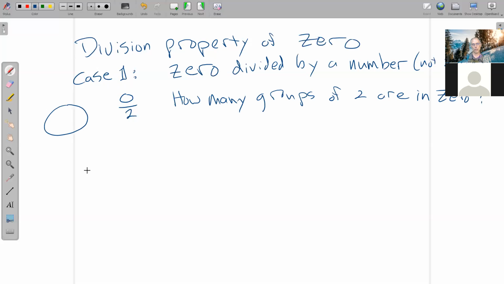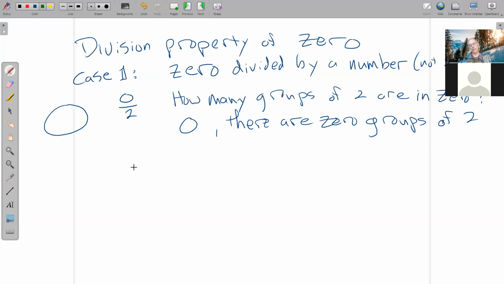Okay, so here's a group with nothing in it. How many groups of 2 are in there? There are no groups of 2. There are 0 groups of 2. The answer is definitely 0. And you could use any of the other models to come up with 0 as the answer.